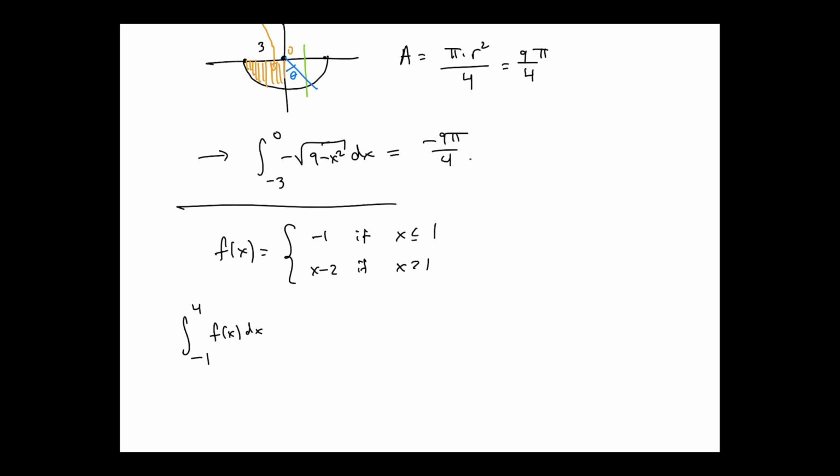Okay, so what we need to do here is let's sketch this first. It's -1 up to here, and then x minus 2 would be there. So 1, 2, 3, 4.